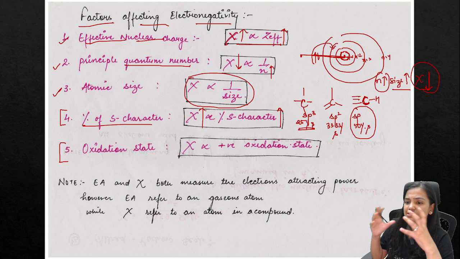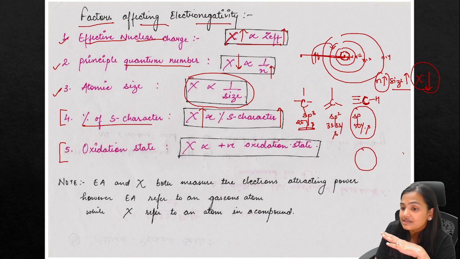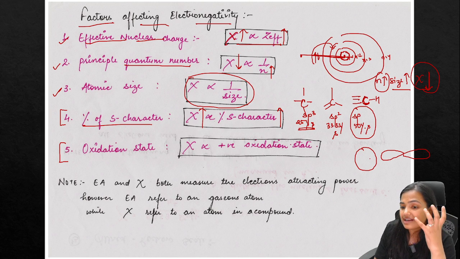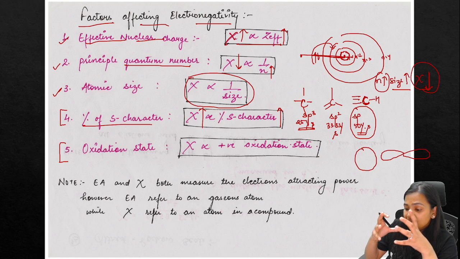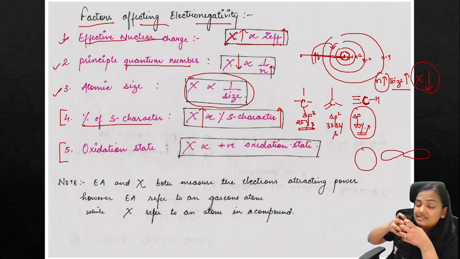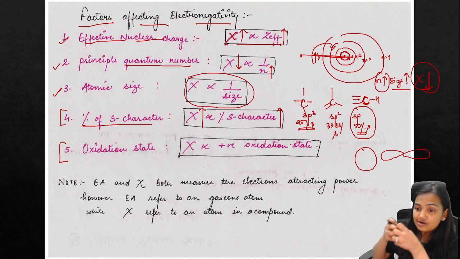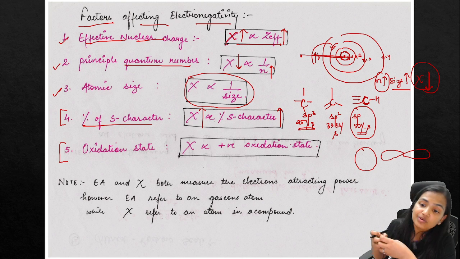Okay, why is it so? Guys, you know the s orbital is spherical in shape, and the p orbital is dumbbell shaped, it is lengthier. It is more directional. So the s orbital has more penetration effect. So when you have a higher percentage of s character, you have more penetration power. More penetration power means the electron density is closer to the nucleus, and this will have more effective nuclear charge.